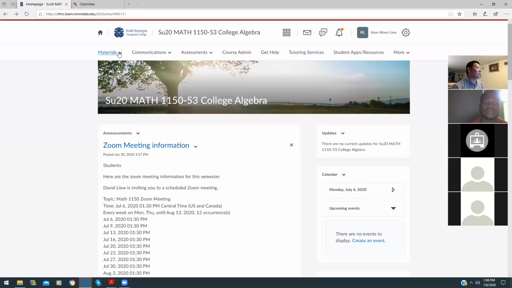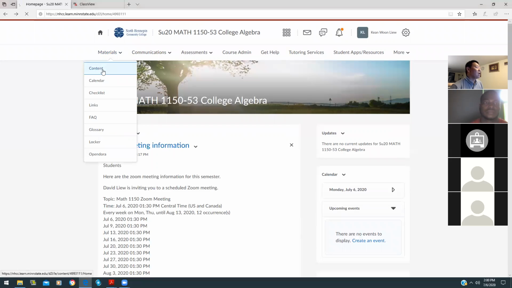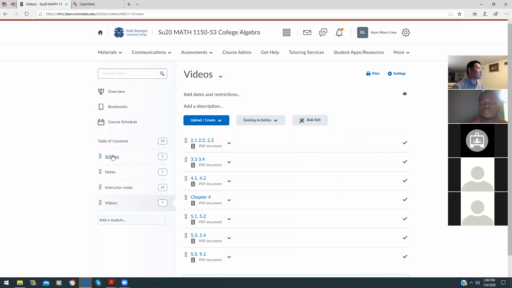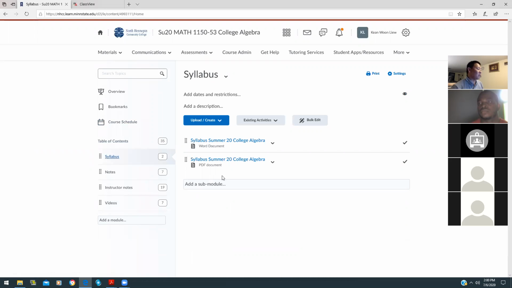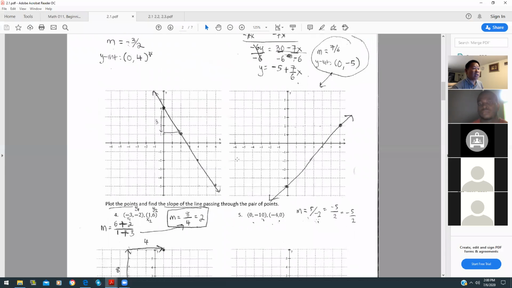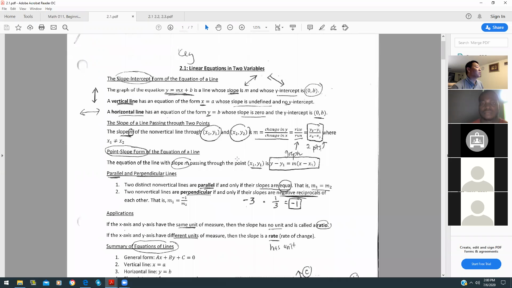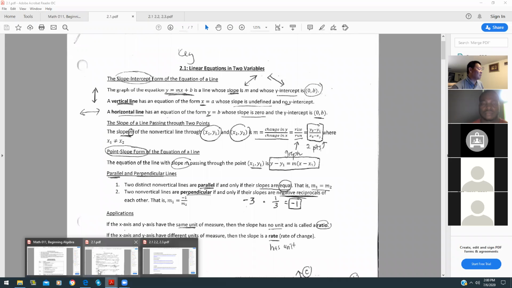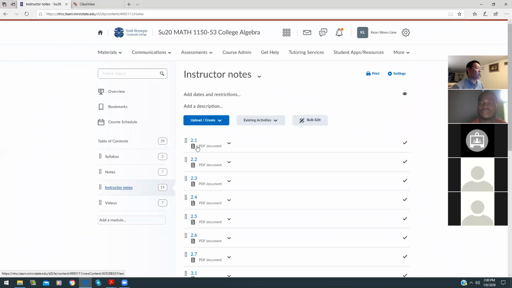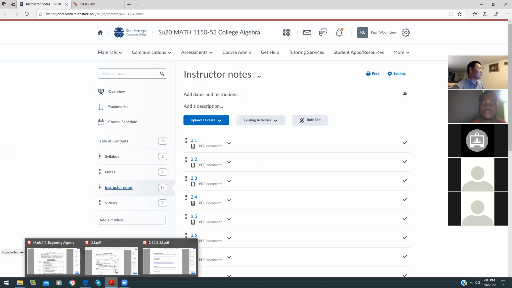And then the next thing is the material content. All the emails I send you with documents like your syllabus and all those things are under here. So if you misplace something or want to figure out where it is, the syllabus is in here. As I told you, you will get the instructor notes. These are the instructor notes that we'll be using. If you click instructor notes, there will be notes 2.1, and it's exactly the same as this one.